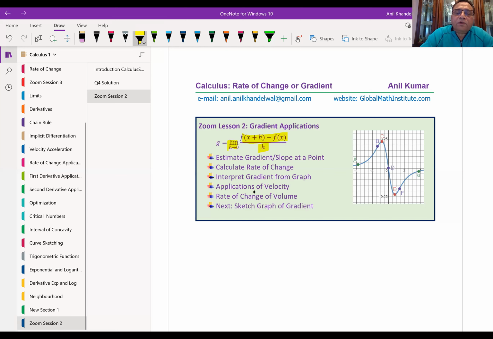In this video, we will see how to estimate gradient or slope at a point. We'll also see how to calculate rate of change, interpret gradient from a graph, applications of velocity, and rate of change of volume. In the next session, session 3, we'll learn about sketching graphs of gradients.